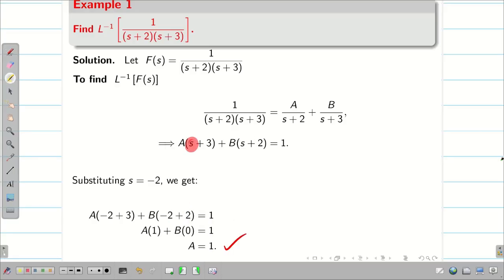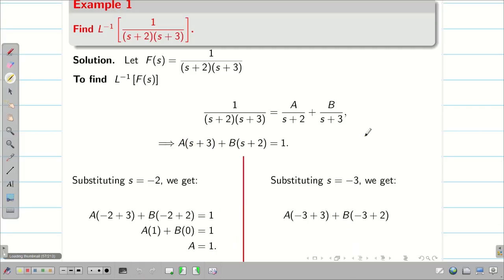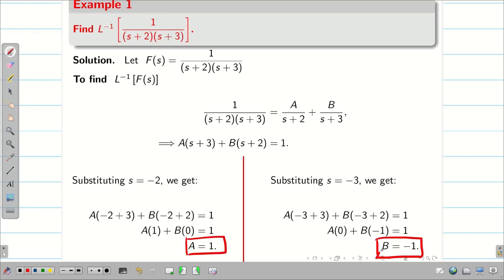Next we have to substitute s equal to minus 3. When you substitute s equal to minus 3, the a term becomes 0. Then we get (minus 3 plus 2) in b. Therefore, b equal to minus 1. So we found a equal to 1 and b equal to minus 1. This is done. Now we have to substitute here and then apply L inverse on both sides to get the solution.